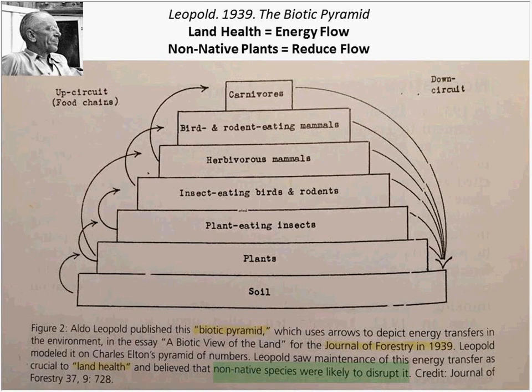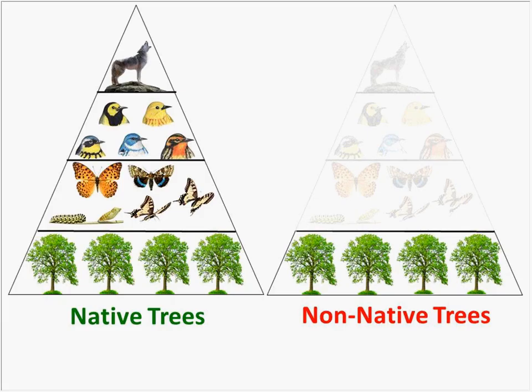The idea, again, is that if you substitute native plants with non-native plants, this is going to affect everything else up the food web, right? Here, this is the picture that is emerging: that trees provide tremendously rich habitat for biodiversity at every trophic level, right from the insects up to the birds and the top predators, where native trees are lost, ecosystems are less rich, and this is becoming very apparent.